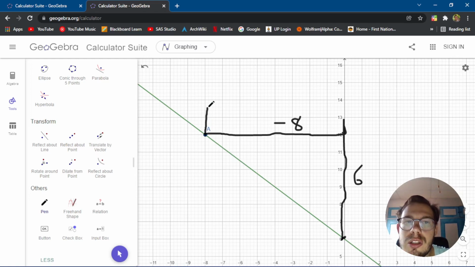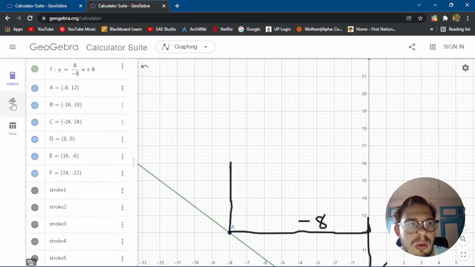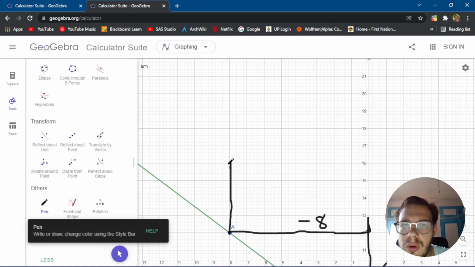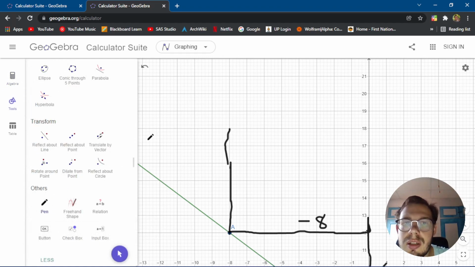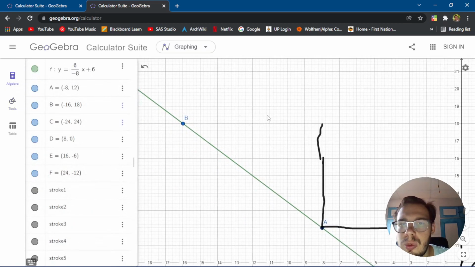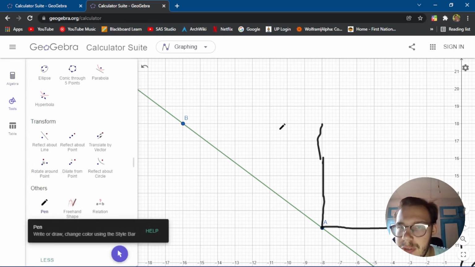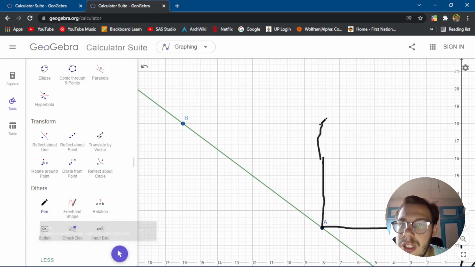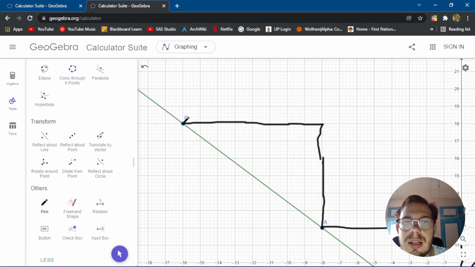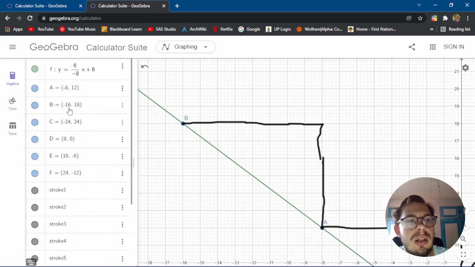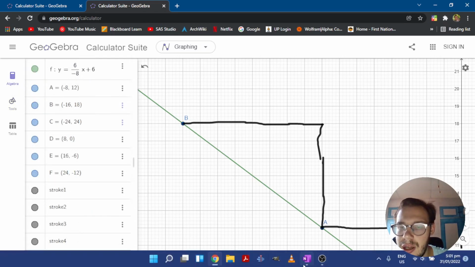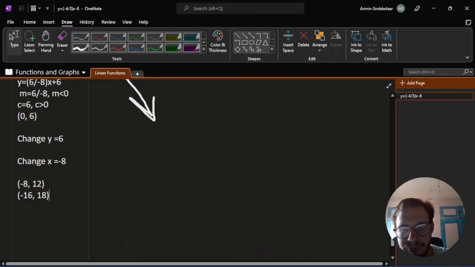So it's 1, 2, 3, 4, 5, 6, and then to move to the left, because it's a negative change in x, we go to the left 8, 1, 2, 3, 4, 5, 6, 7, 8, and there we have the point B, which is (-16, 18), as we worked out here.